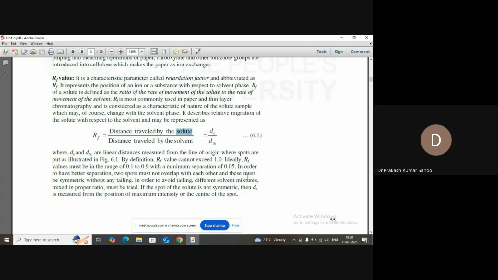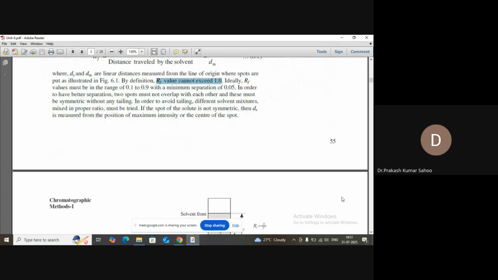So just remember, the RF value cannot exceed 1. As 1 is the 100% travel of the component, RF never exceeds 1, because the maximum distance is traveled only by the solvent.